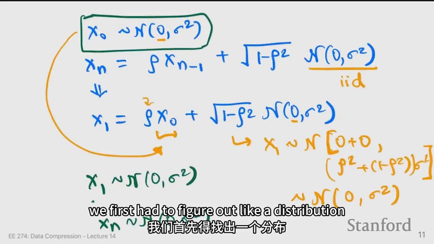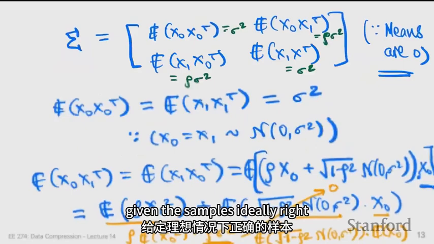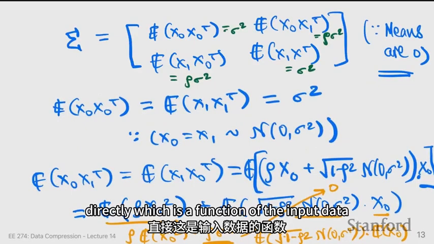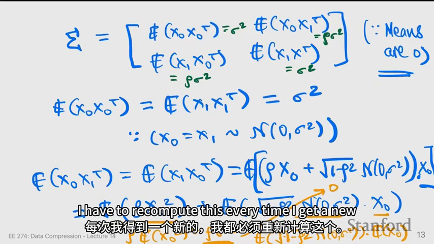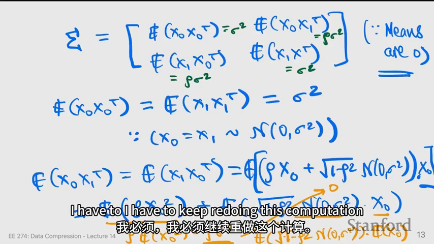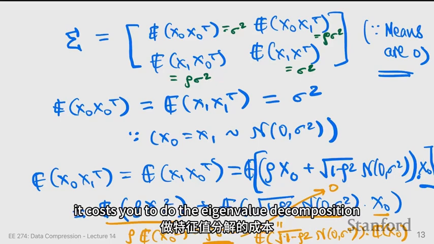We first had to figure out a distribution, given the samples ideally, right? Or we could have tried to estimate the covariance matrix directly, which is a function of the input data. What that means is I have to recompute this every time I get new input data, right? I have to keep redoing this computation. Moreover, this computation is not trivial, in the sense that it costs you to do the eigenvalue decomposition.